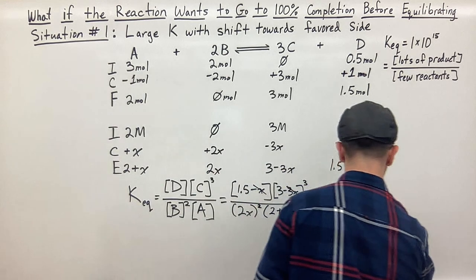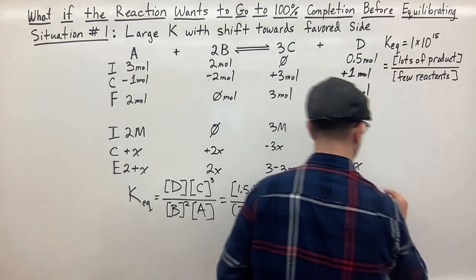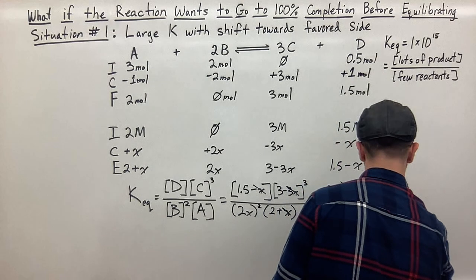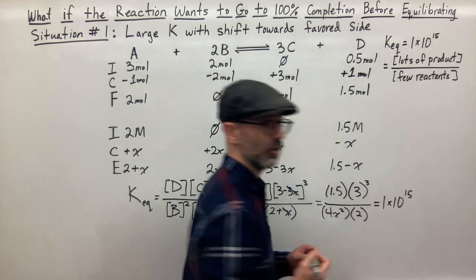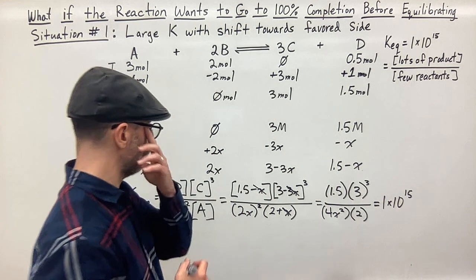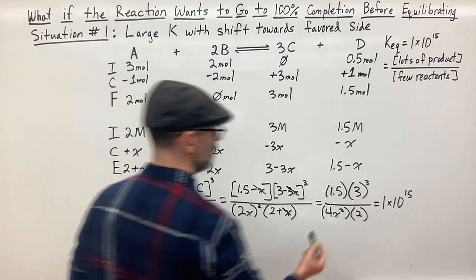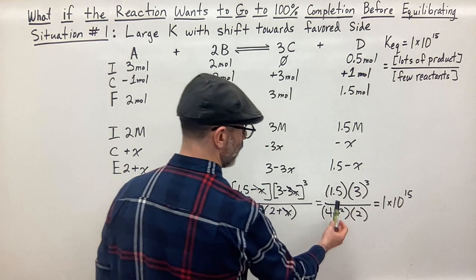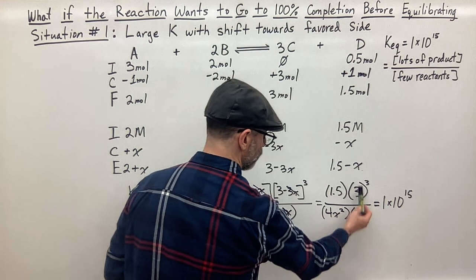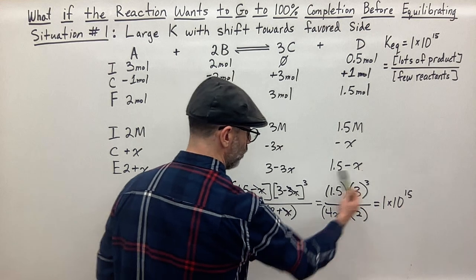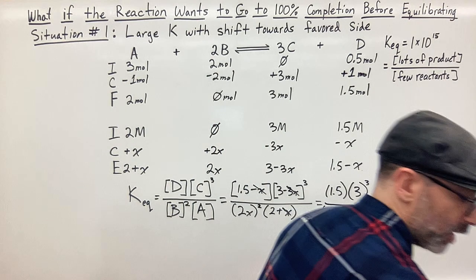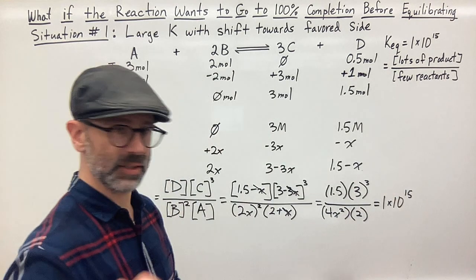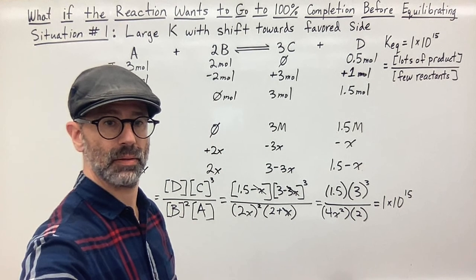This is going to be equal to K, which is 1 times 10 to the power of 15. Okay, so we could simplify this even more. So we can multiply these together, divide by 2, divide by 4. So we could fix that. So if we get our calculator, let me calculate this.